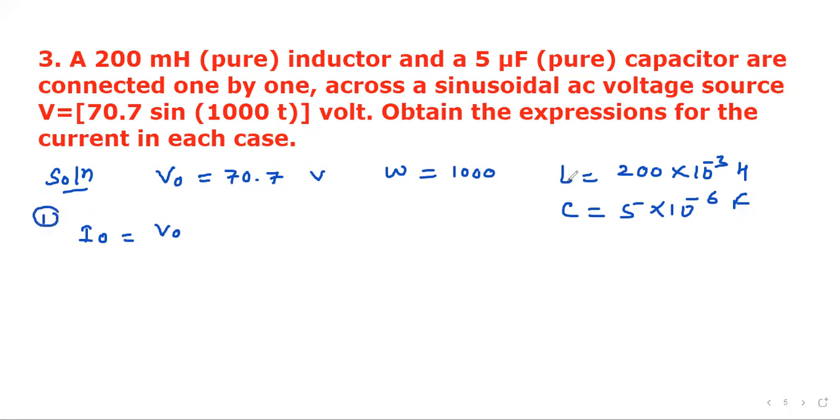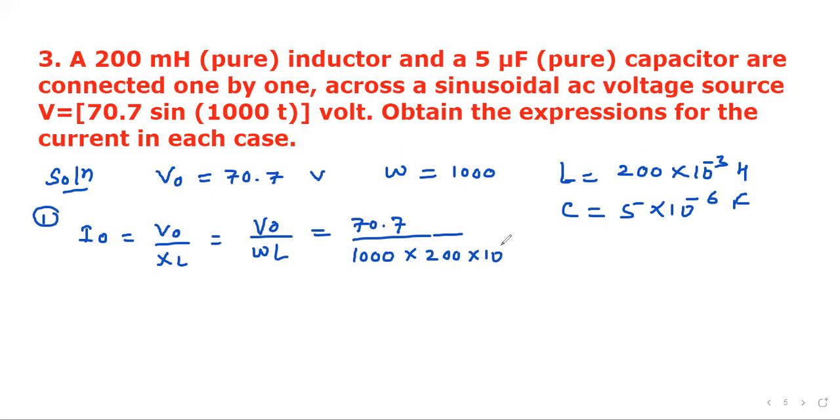So let's find out peak current I0 equal to V0. This is first case when we are considering inductor. V0 divided by XL. So it will be V0 divided by omega L. V0 is 70.7 divided by omega, omega is 1000, multiplied by L is 200 into 10 power minus 3. So if we simplify, we will get 0.353 ampere.